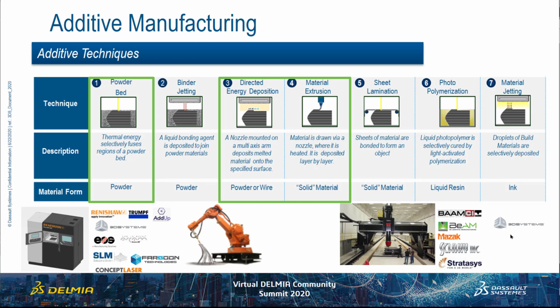In order to access their APIs, when we generate the output from 3DEXPERIENCE, they can simply take the output and print it. That is true with some of the machine vendors such as Renishaw, EOS, and Farsoon, for instance. We are working with AddUp as well, and with other vendors to support their machines in the platform.